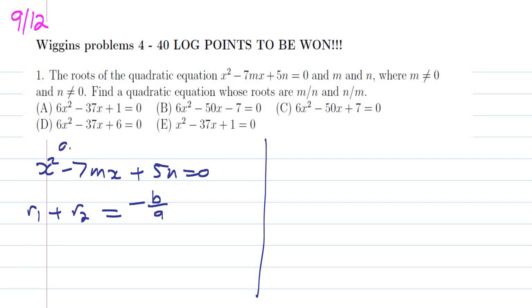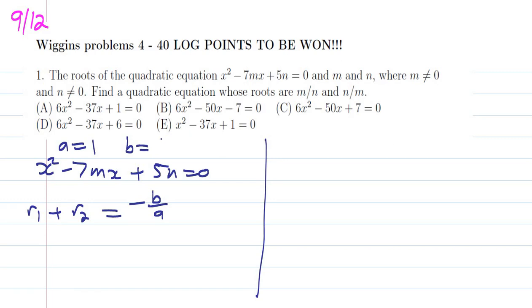Okay, and so in this question, Takura, what is a? Takura or Luke, what is the value of a? A is the coefficient of x squared, which is 1. B is the coefficient of x. What's the coefficient of x, guys and girls?